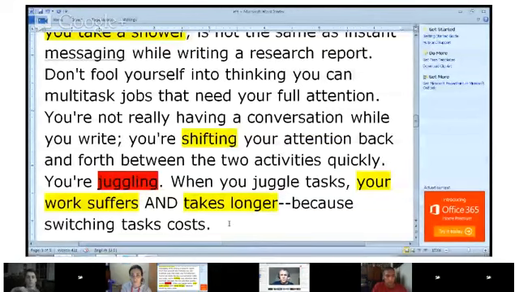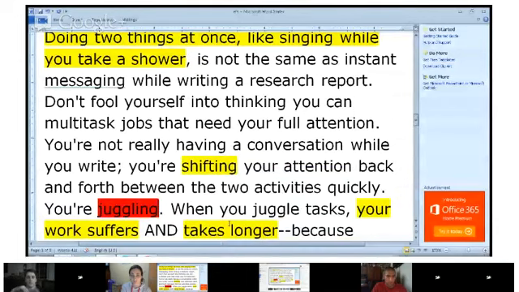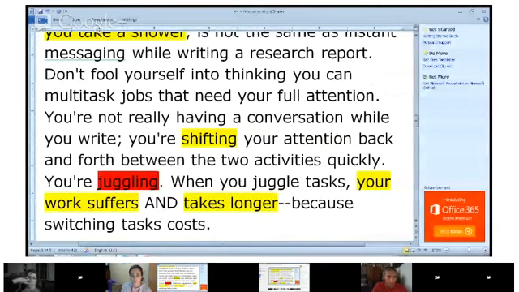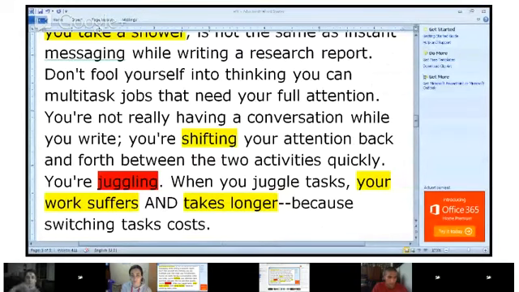I think I agreed with the student that said your quality suffers. And I think when you practice your juggling, that's better. It's the same thing when you are a multitasker. You practice, doing the same thing again and again.